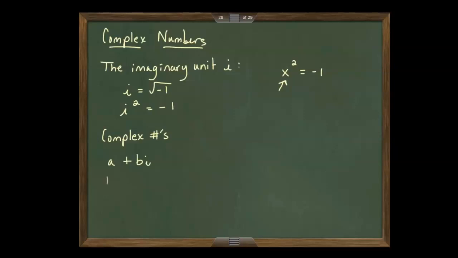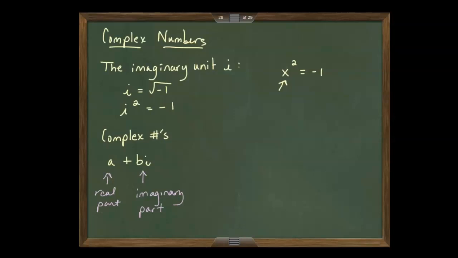So you'll notice here that we have a real part, so the a is going to be the real part of your number, and bi is called the imaginary part. Okay, so numbers that are real can be real complex or non-real complex.